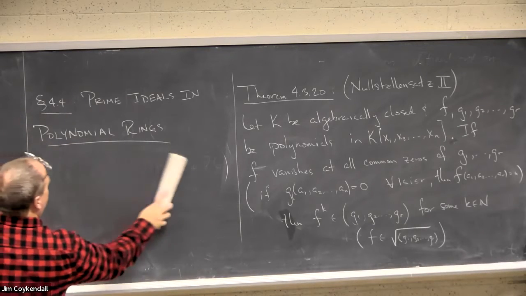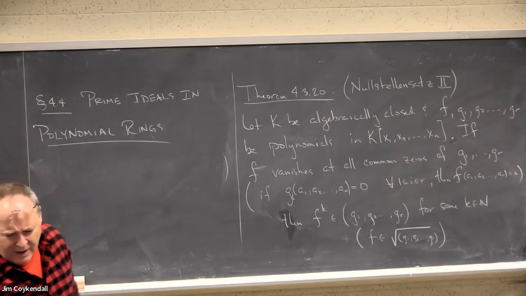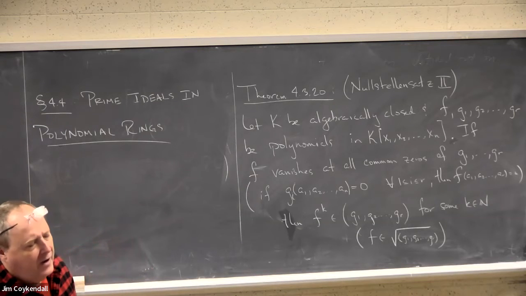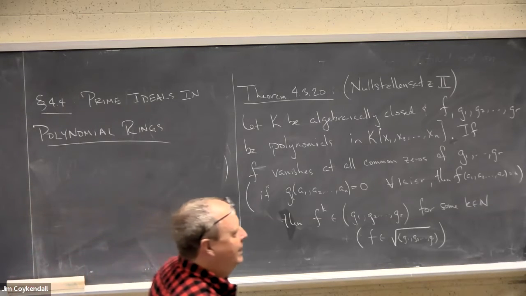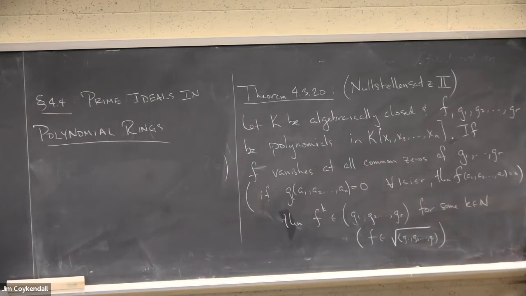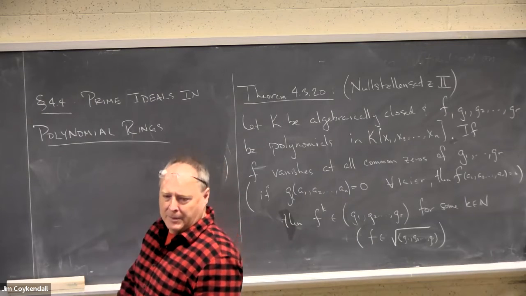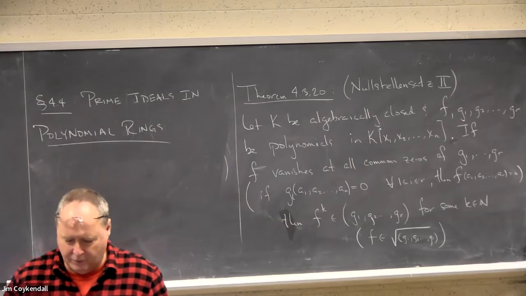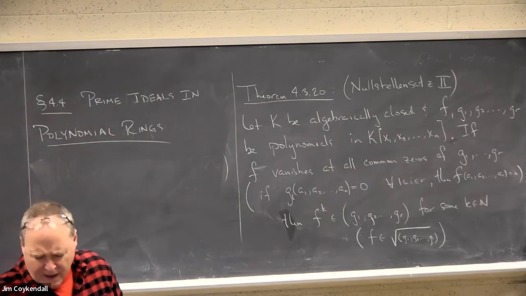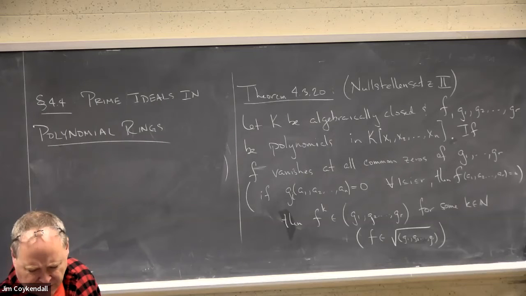Okay, so the first thing I'm going to do is, so the Nullstellensatz, we talked about maximal ideals and prime ideals in polynomial rings. And the maximal ideals are nice for algebraically closed fields. However, prime ideals in general polynomial rings can behave in a more mysterious way. And we're going to investigate this a little bit.